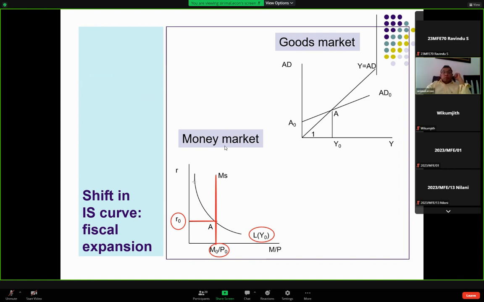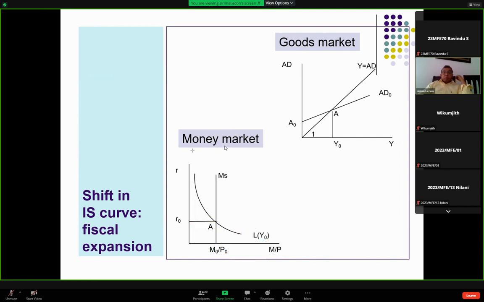If the interest rate moves upward, more money will flow into the bond market, so that there will be less and less money demand in the money market. If the interest rate goes down, money demand will go up because of speculation.